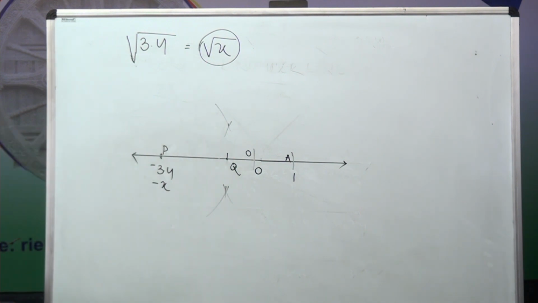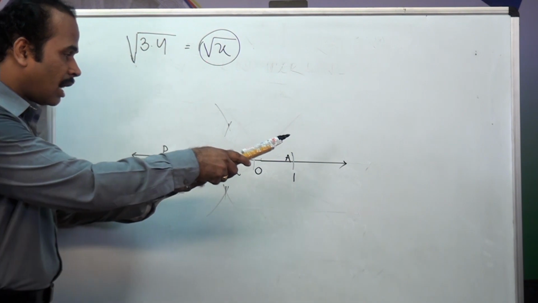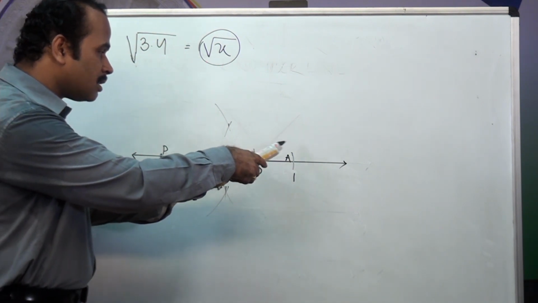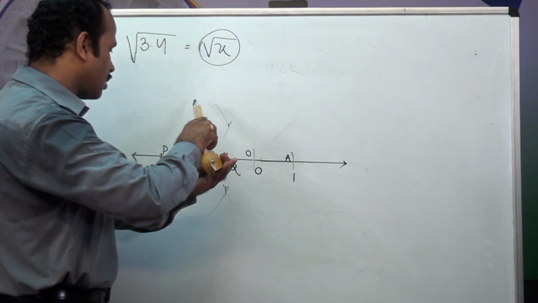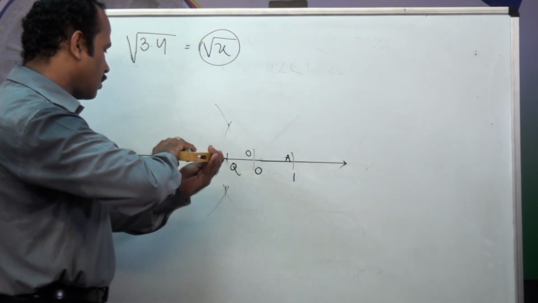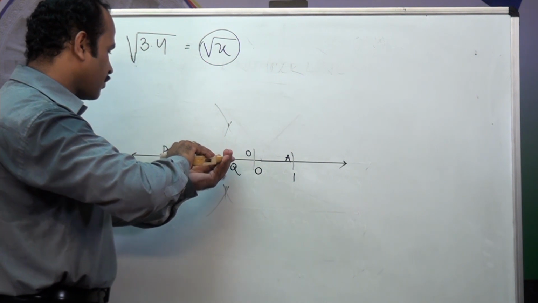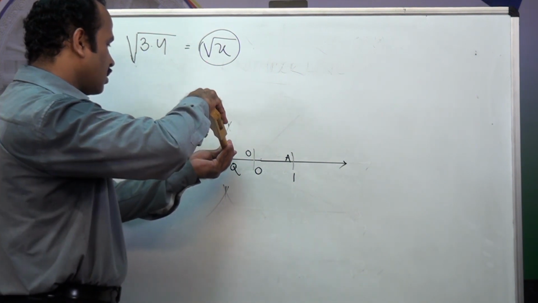Now, taking this Q as center and QA as the radius, I can draw a semicircle.